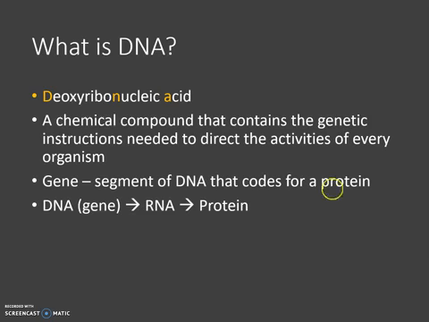We call this the central dogma of biology: DNA, which contains the genes, gets converted to RNA, which then gets converted to a protein. We'll talk about how this happens a little later when we talk about protein synthesis. But for now, we're talking about this material, so that eventually we can talk about how that translates into a protein.